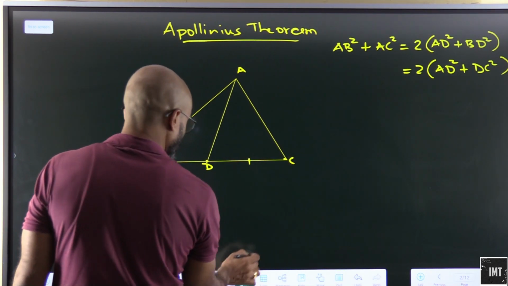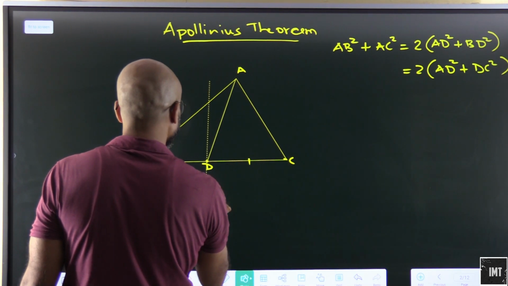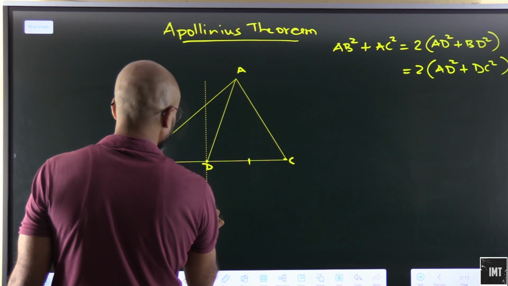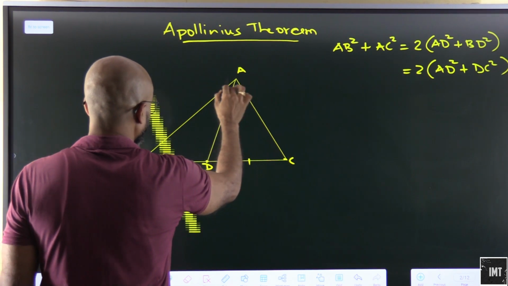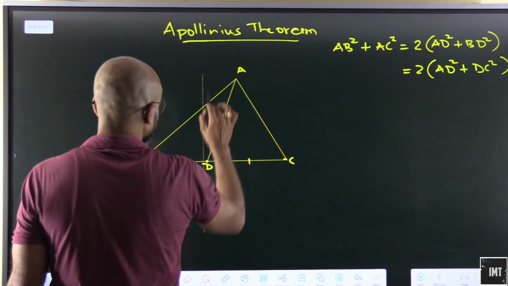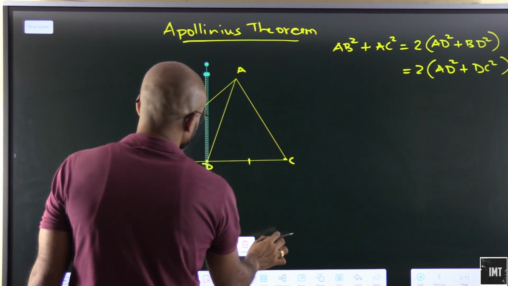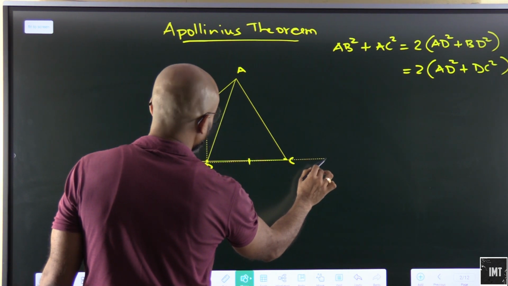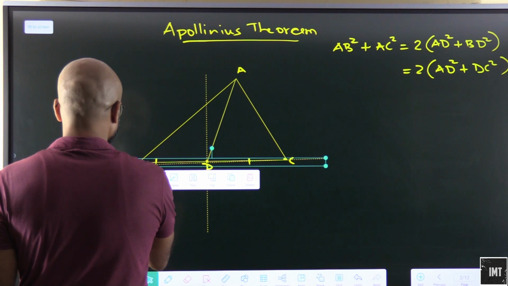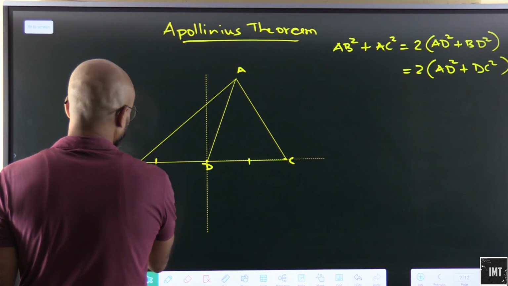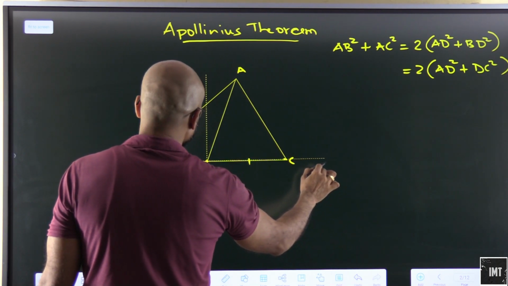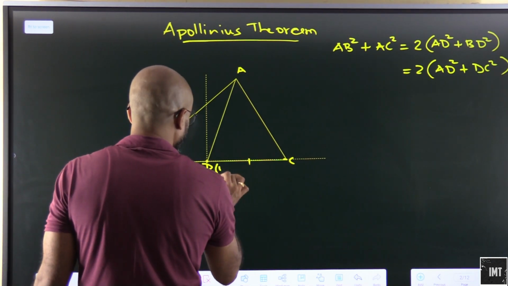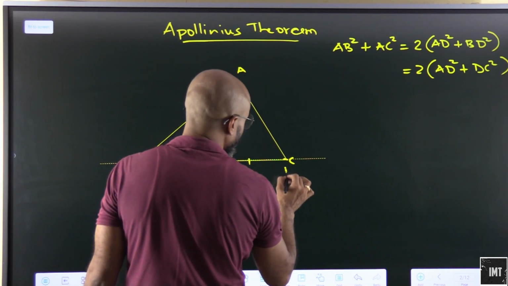What we need to do is, let's say if I happen to draw the coordinate axis here, so let's say we have drawn the coordinate axis here, and let's say we call this point as (0, 0), and let's say this point C becomes (k, 0).